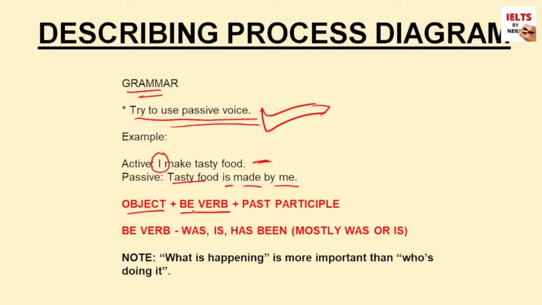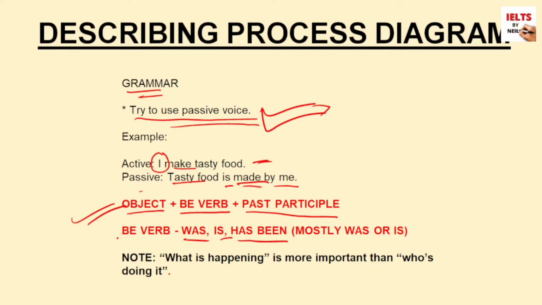So what are the be verbs? Be verb can be was, is, has been. So these are all of the be verbs. So in passive voice, object, be verb, and past participle. Here it was make, and what is the past participle of make? It is made. So this is the formula for the passive voice: object, be verb plus past participle.